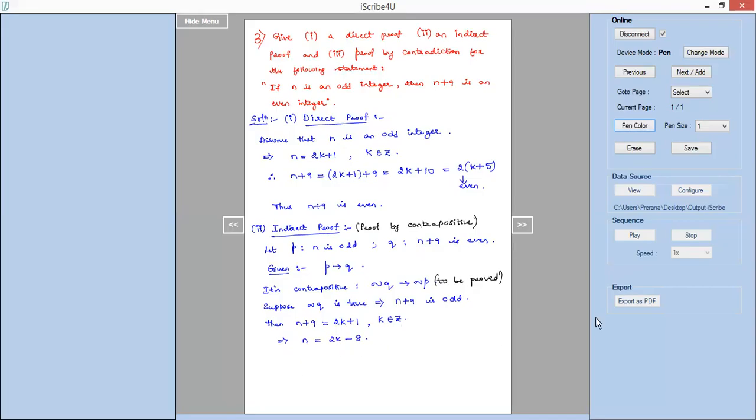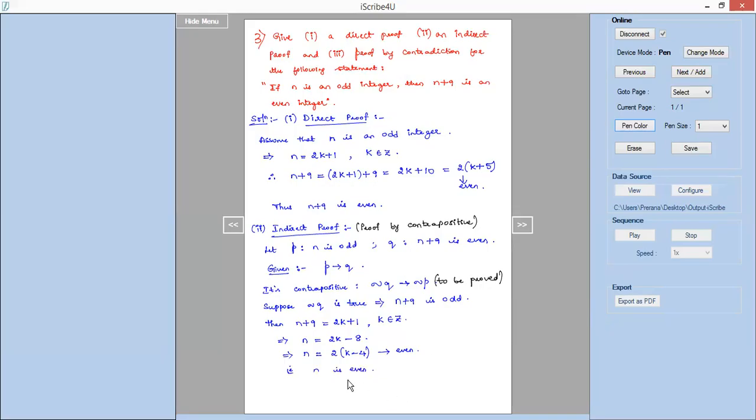And we can write down this n is equal to 2k minus 8, taking 2 common, as 2 times k minus 4. 2 times k minus 4 is representing an even integer. So did I arrive at n is even? We arrived at n is even, no?